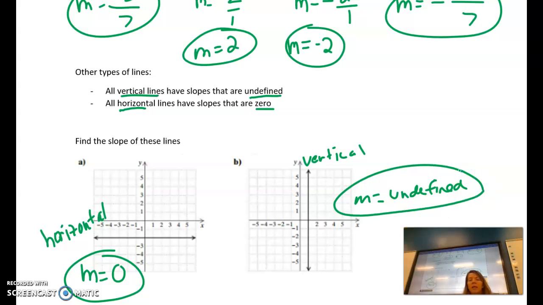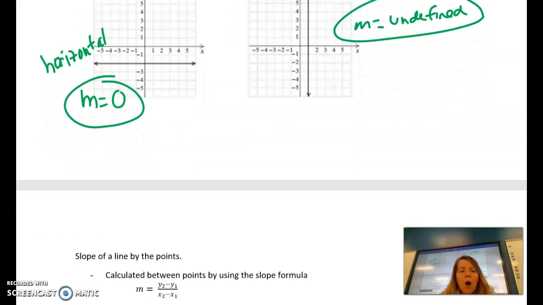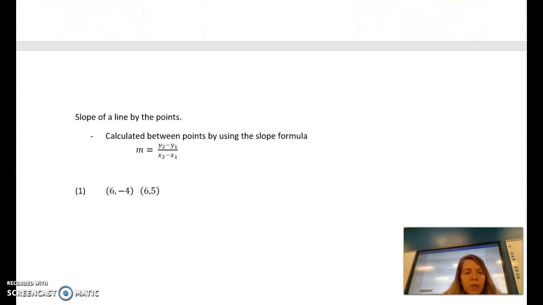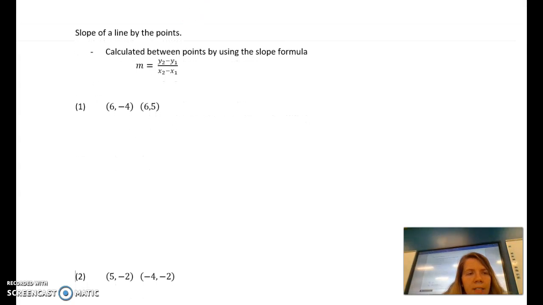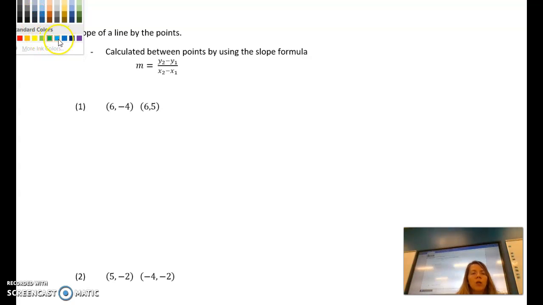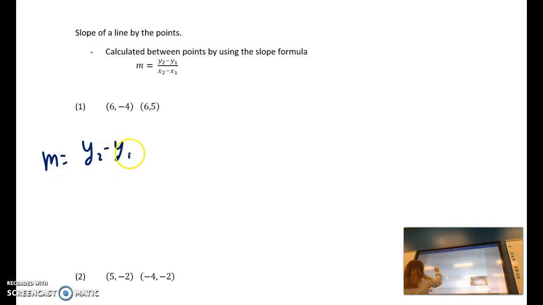Okay? Now, the last portion here is to calculate slope of a line by the points. So this is what we call our slope formula. y2 minus y1 over x2 minus x1. So how can we figure out how to calculate this? So let's start by writing the formula y2 minus y1 over x2 minus x1.